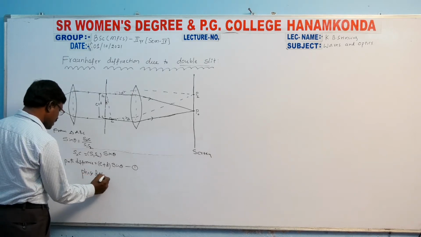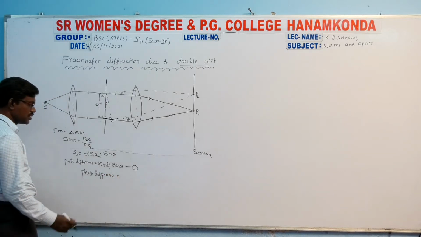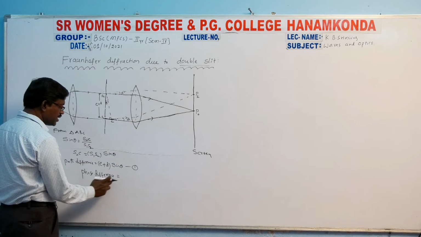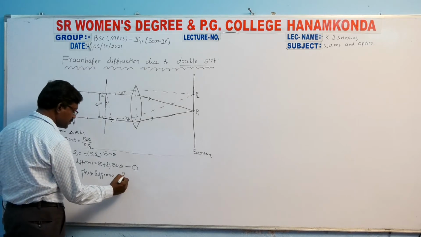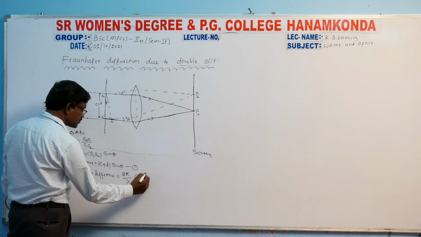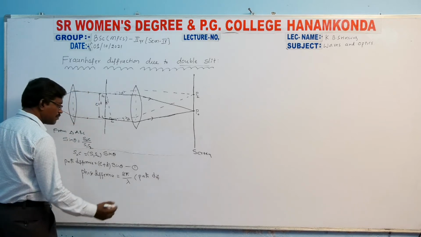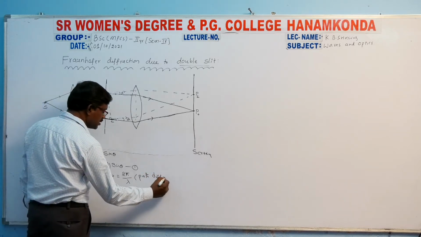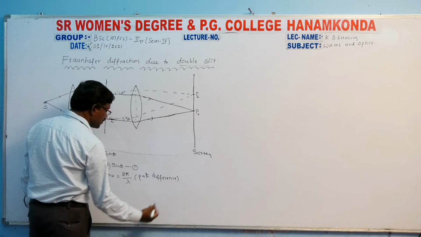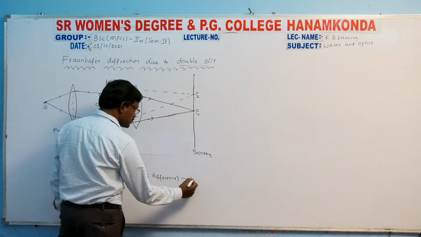How do we calculate phase difference? Whenever we have a path difference, there is a relation between phase difference and path difference. Phase difference is always equal to 2 pi by lambda into path difference. This is the formula generally used. This is equation number 2.